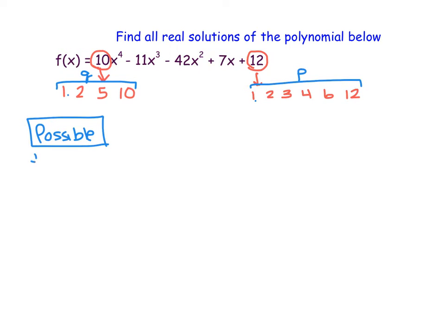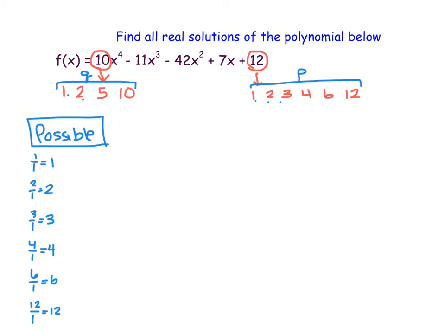So 1 over 1 is just 1. I then take 2 over 1, which is 2, 3 over 1, which is 3, 4 over 1, which is 4, 6 over 1, which is 6, and 12 over 1, which is 12.